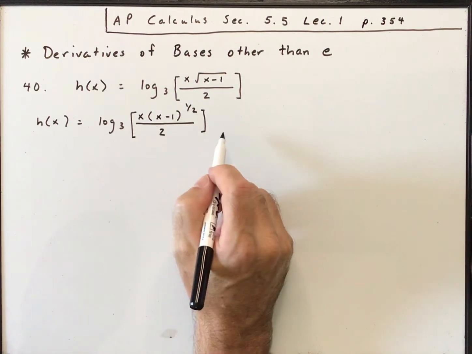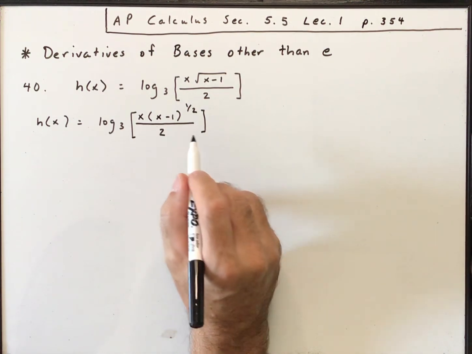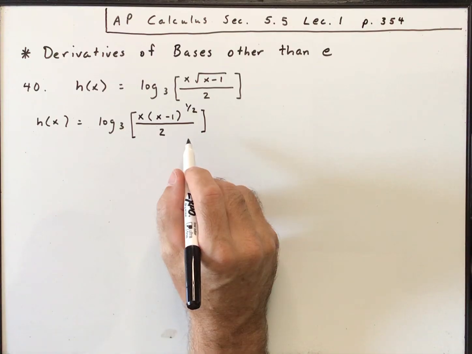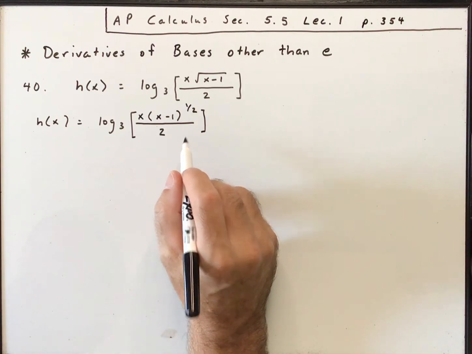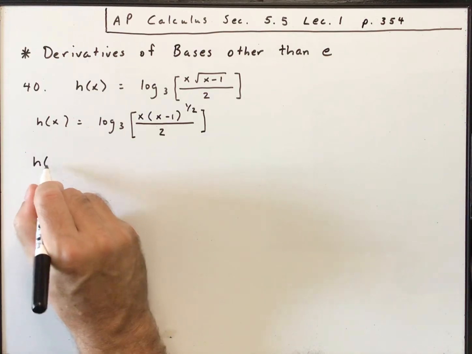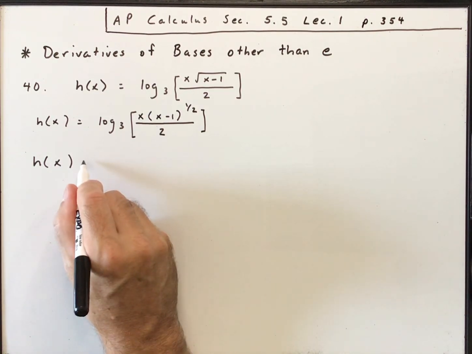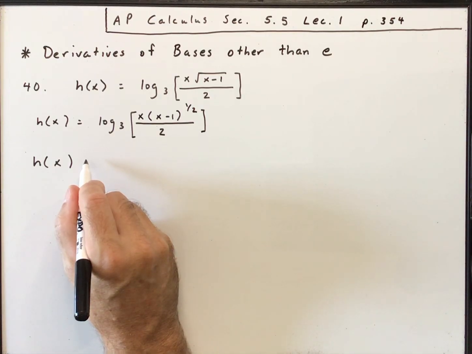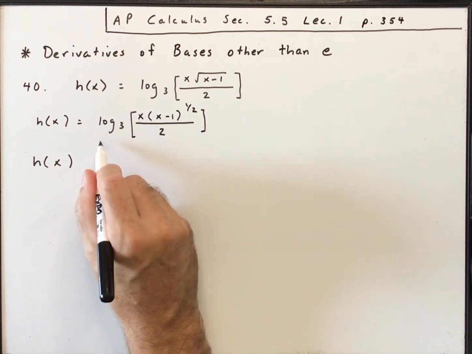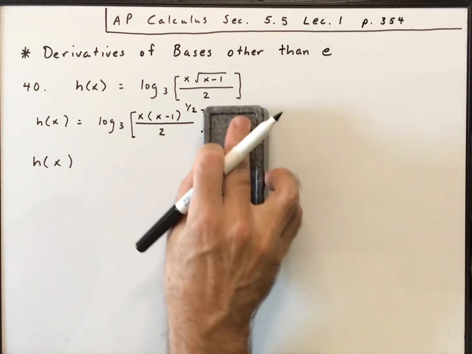So I'm just kind of doing one process at a time here. So all we're doing is rewriting to try to get this thing to where it's easy to take the derivative of it. Okay, and by the way, I'm so sorry about that. I didn't put the natural log.